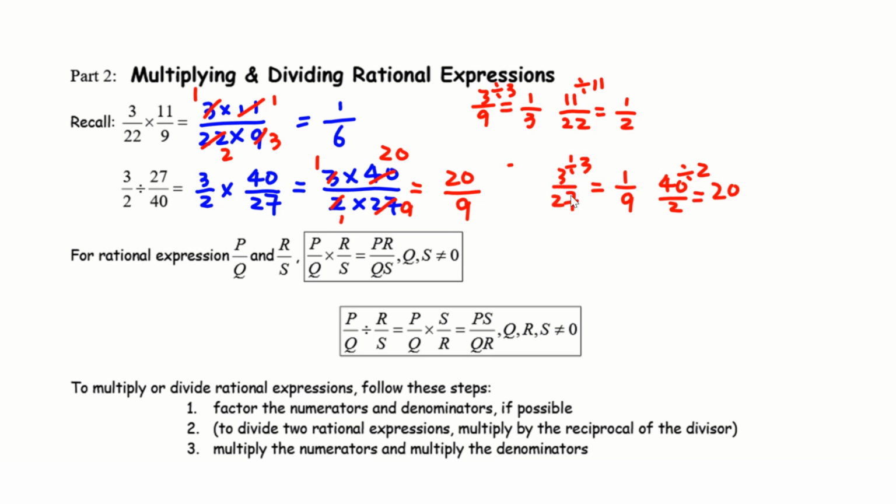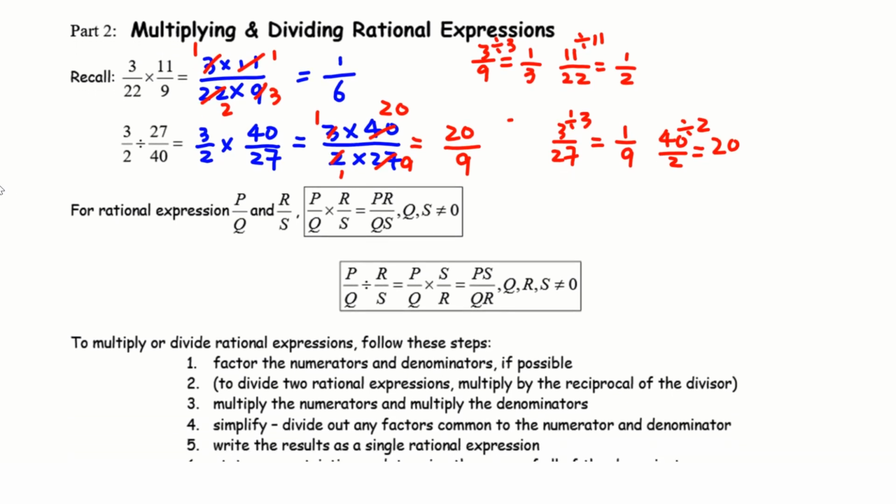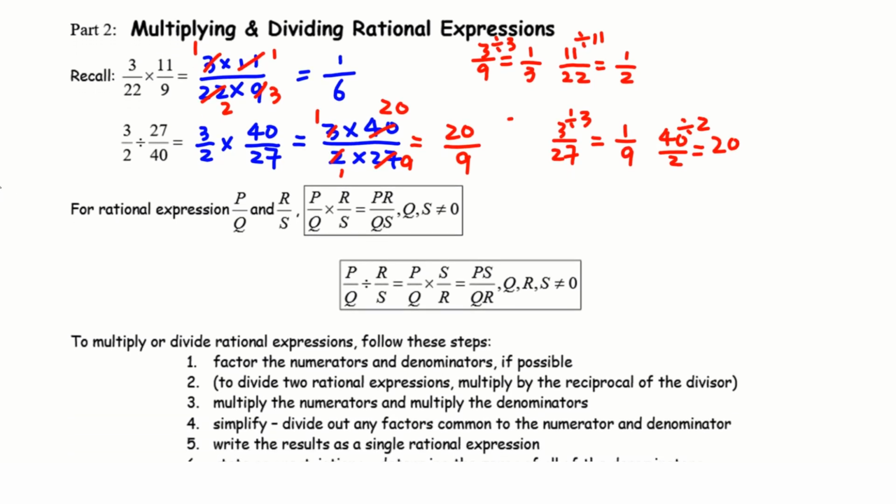So we cancel, both divided by 3, both divided by 2. This is for fractions. You could use your fraction button on your calculator to do the simplification. But for rational expressions, you need to know how to factor the polynomials.